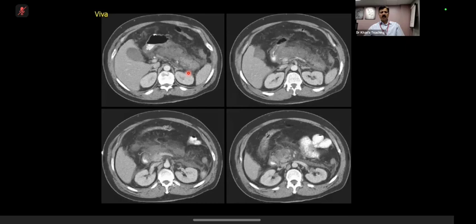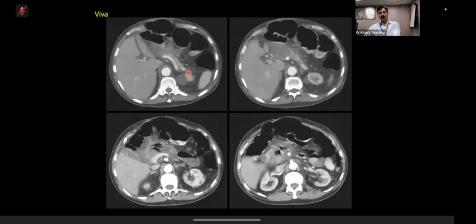But having said that, you have to point out that X part of the pancreas does not enhance in keeping with necrosis. And the second most important thing in acute pancreatitis is visible on this case. Over to you. This is a different case, please. Candidate 6, over to you.